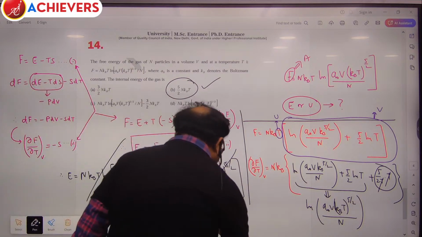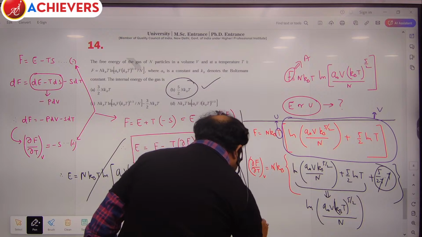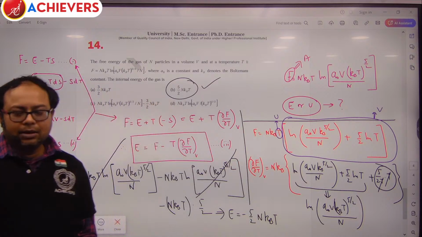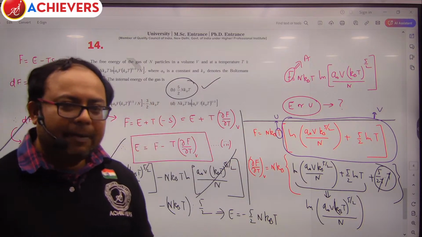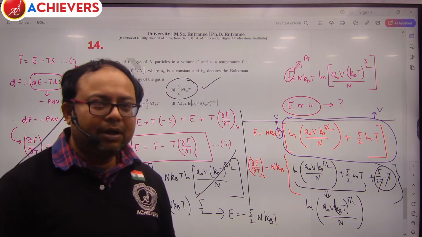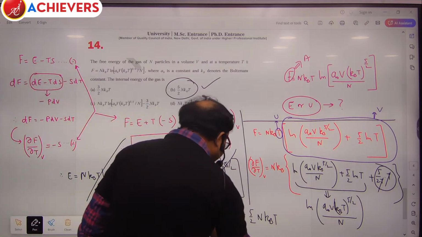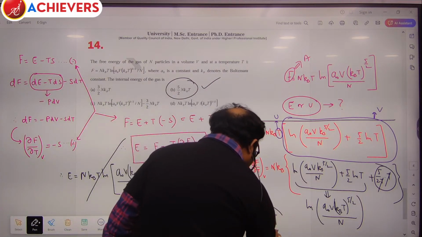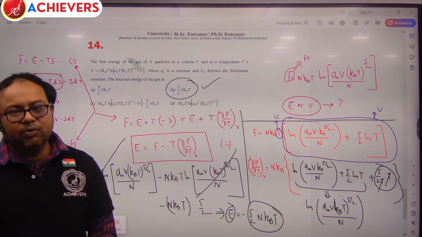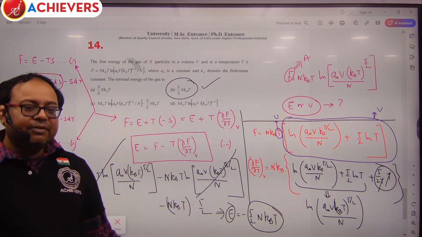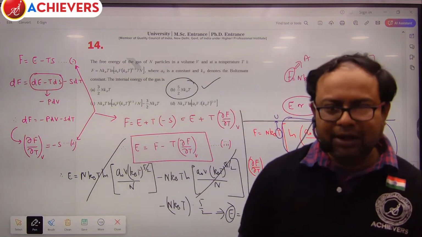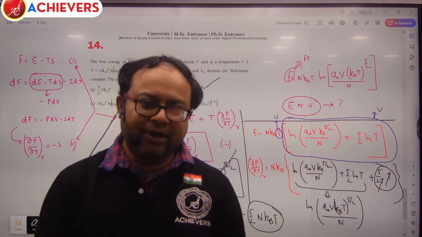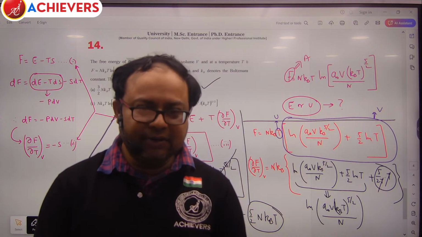We are getting E to be equal to minus 5 by 2 N kBT. But absolute energy cannot be negative. So you must take the magnitude of this, and the magnitude is 5 by 2 N kBT. That's why the answer is 5 by 2 N kBT. We are getting a negative sign, but we know that an absolute thermodynamic parameter can never be negative. That's why we take the magnitude, and it's 5 by 2 N kBT.